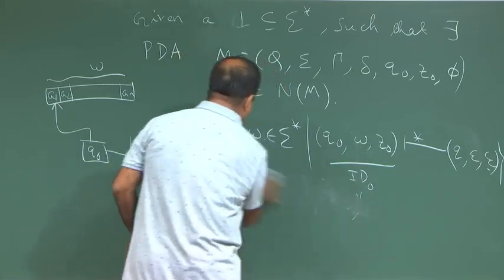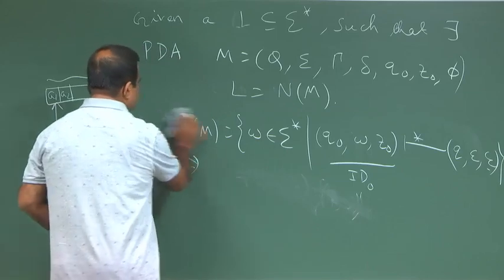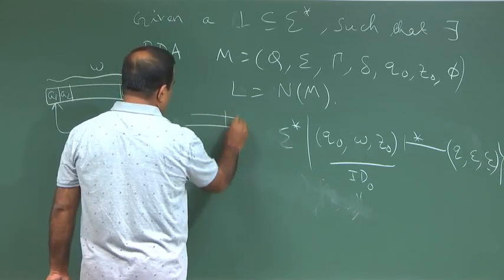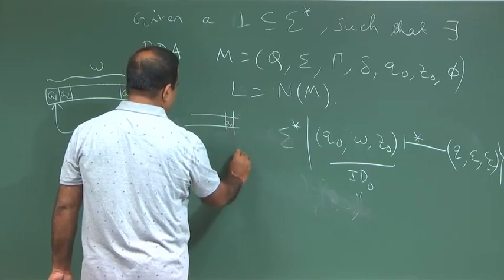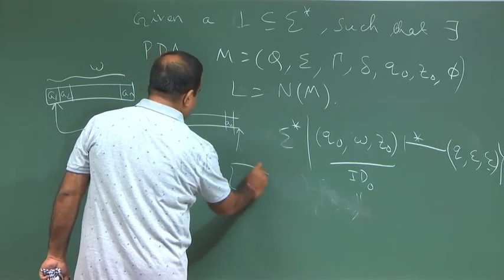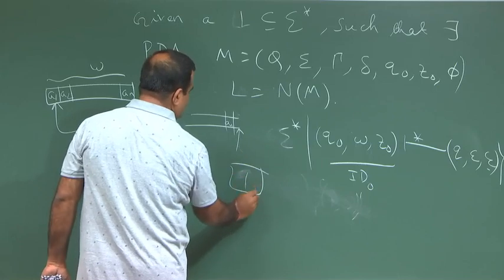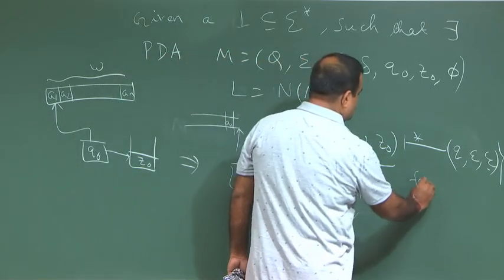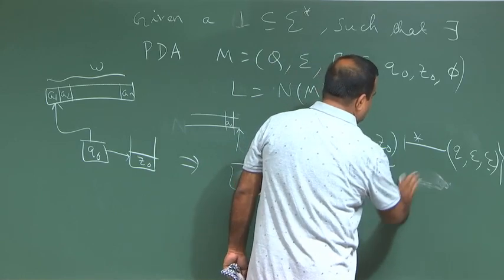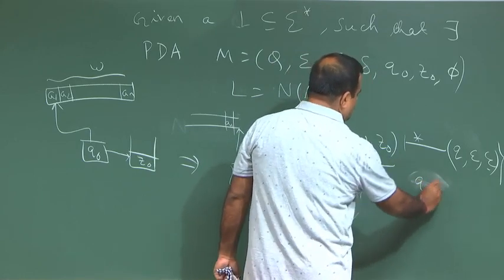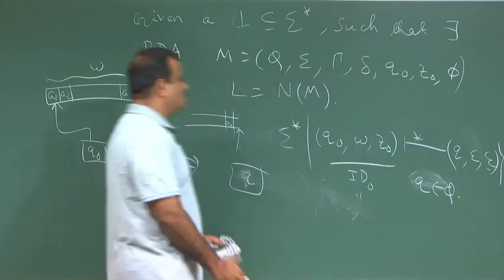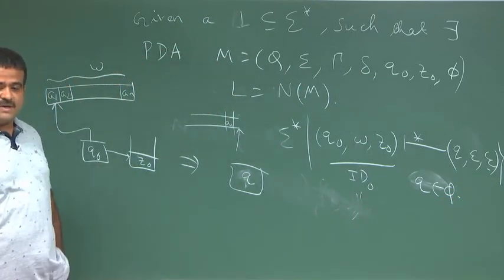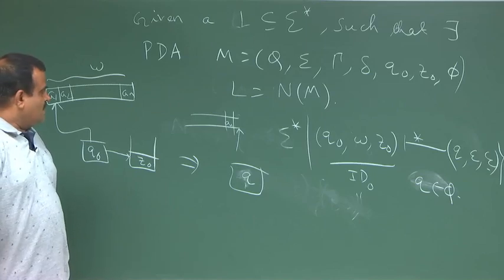So, finally, if it reaches a situation where the stack is empty and we have exhausted reading the input, our tape is pointing at the end and we are in some state q. Here q is any state, because we have no concept of final state, since this is acceptance by means of empty stack.